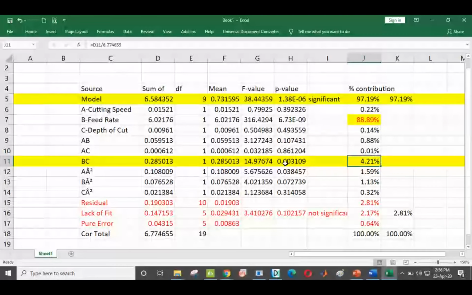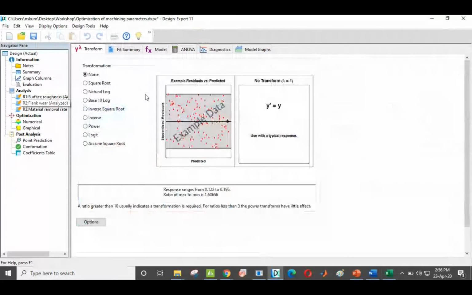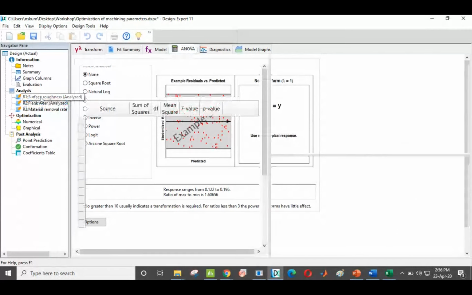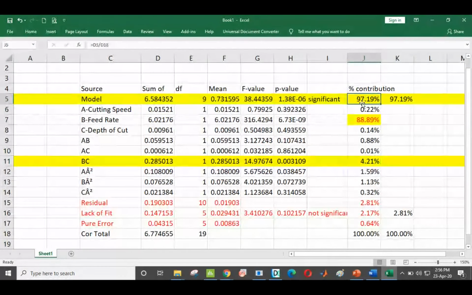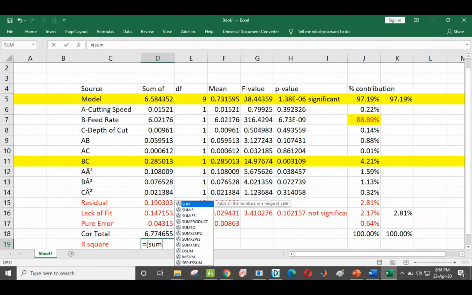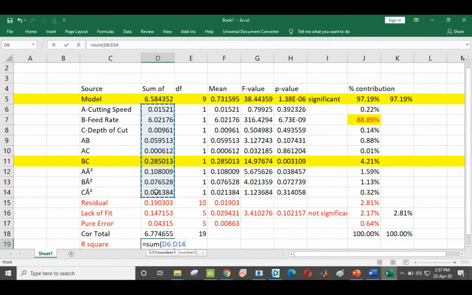So similarly, we can also determine for flank wear. So now for surface roughness, you can see the R square value is 97.19. So here also you can see the model. So that is this. The R square value is computed as the summation of all these things, because don't take it as the model.